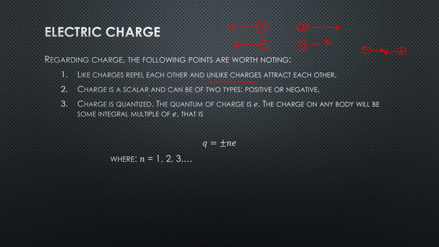Charge is a scalar quantity and can be of two types. It is either positive or negative. Charge is quantized. The quantum of charge is the electron, and the charge on any body will be some integral multiple of the electron charge, that is, Q equals plus or minus N times e, where N is any positive whole number, starting from 1, 2, 3, 4, and so on.